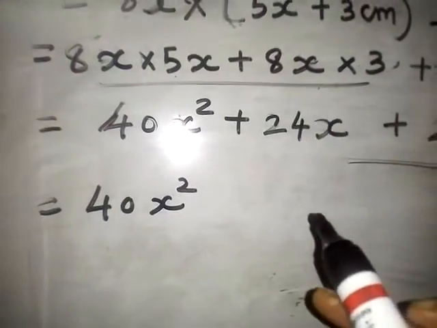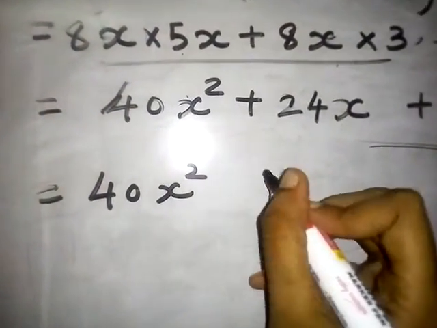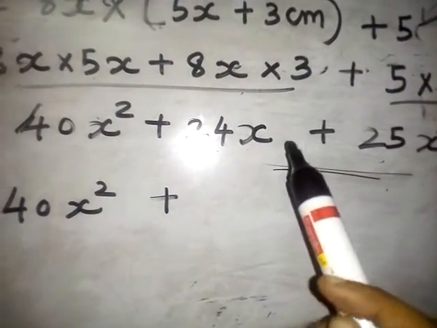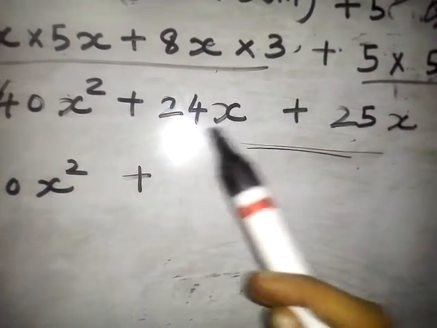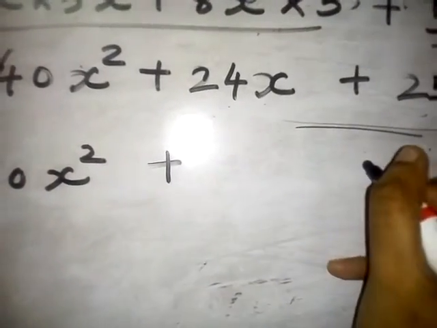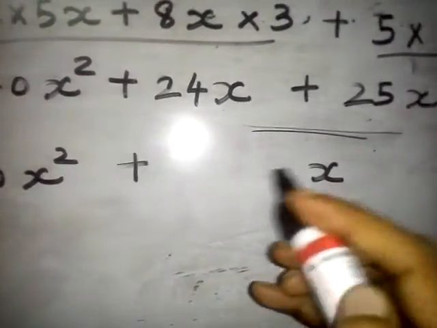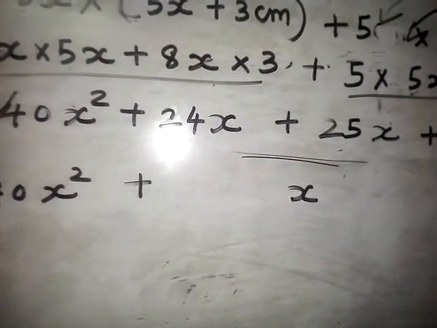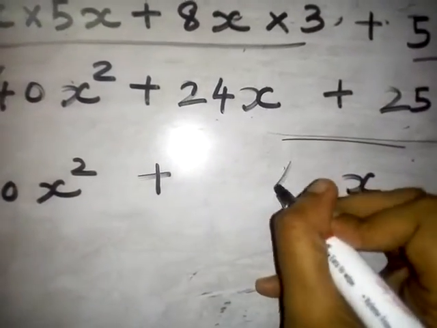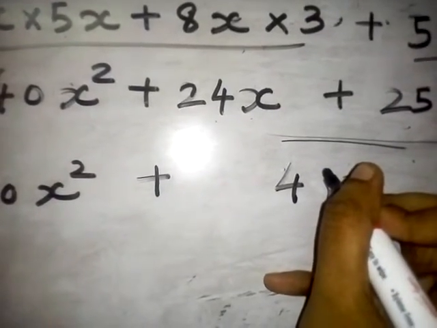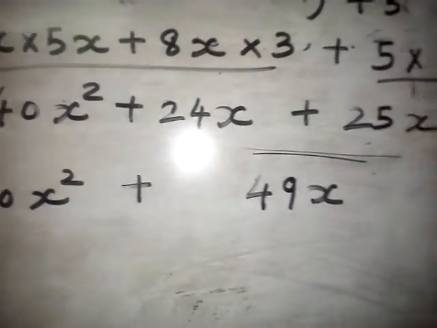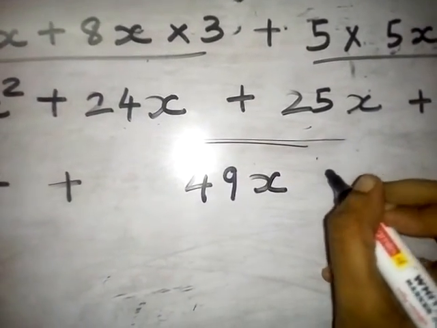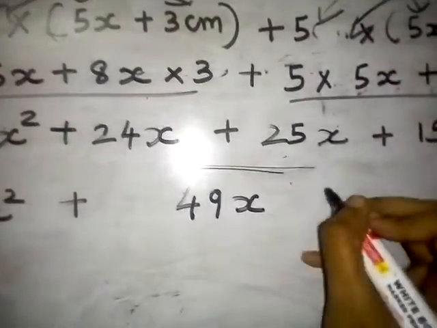You don't have other number with x square, so write as it is. Plus you have to add these two numbers which have the same variable, the like terms. If you have same variable, write variable as it is. Numbers will be added. 24 plus 25 is 49. I am getting 49x.